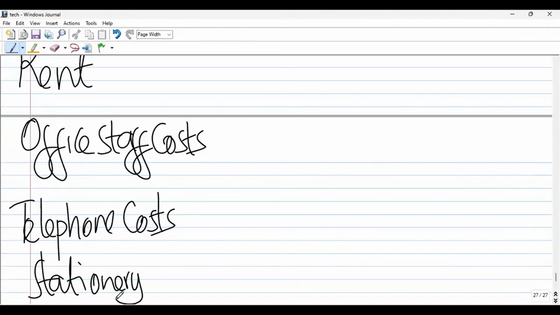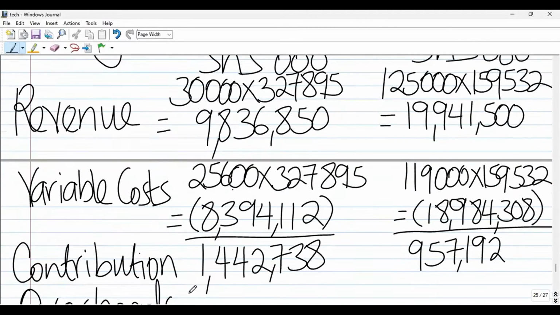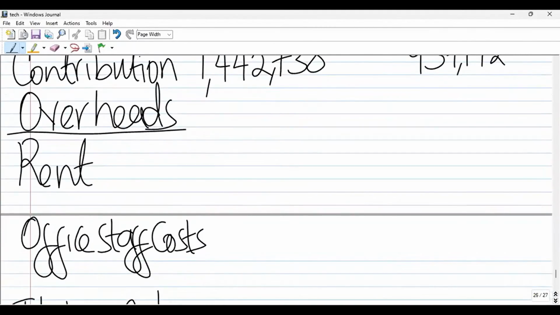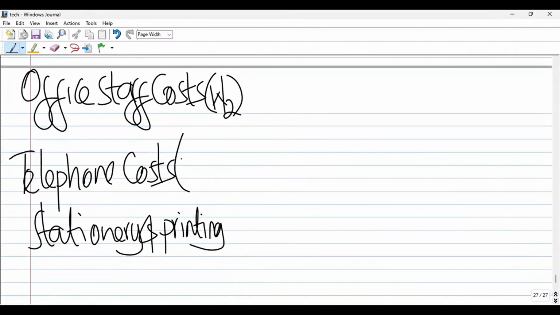So all these are going to have their own working. So rent, I can call it my working 1. Office costs, working 2. Telephone costs, working 3. Stationery and printing, working 4.